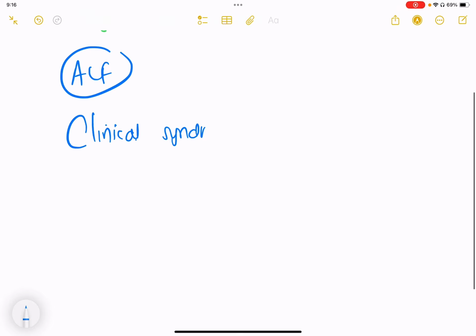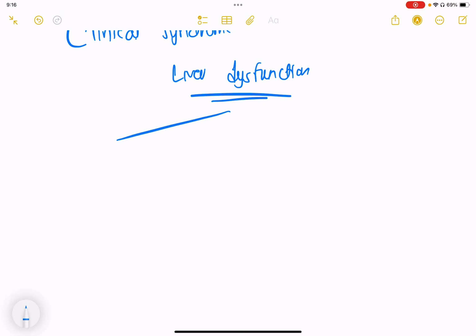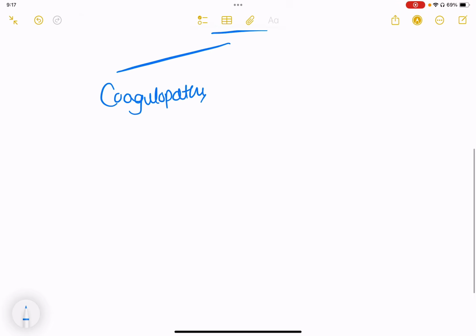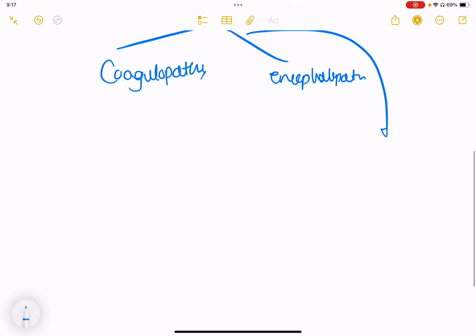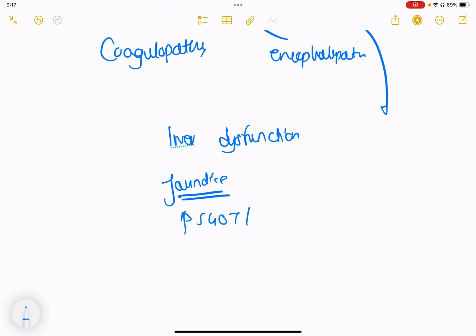It is basically a clinical syndrome where there is definitely dysfunction of the liver, and this liver dysfunction can be seen through coagulopathy, because this is one of the most important functions of the liver, and encephalopathy that usually follows after presentation of a liver dysfunction, evident most of the time by jaundice or by raised SGOT and SGPT.